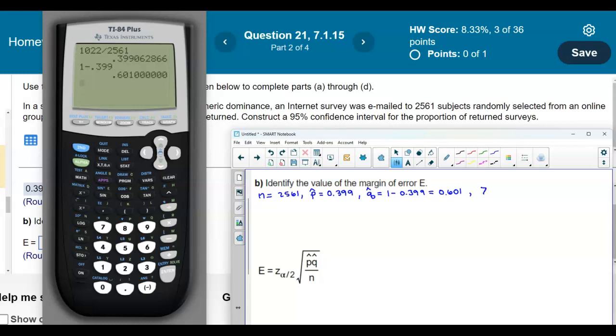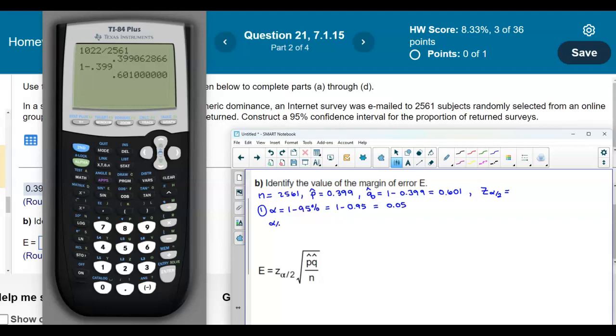And now the next thing we need to do is find the critical value. We know that our confidence level is 95%. So in order to find alpha, it's going to be 1 minus 0.95, which gives us 0.05.